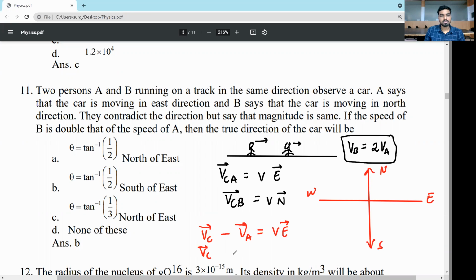Velocity of car minus velocity of B will be equal to V in north direction. But A and B are both moving in the same direction. So I can write velocity of car minus velocity of A.